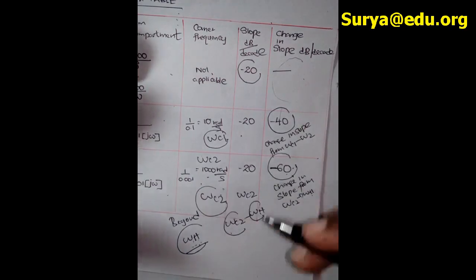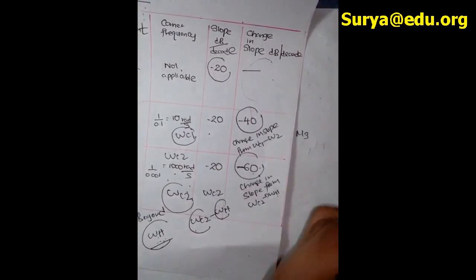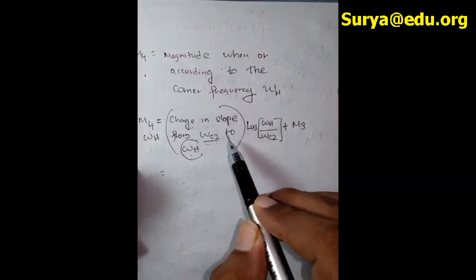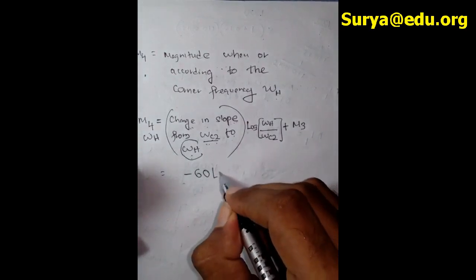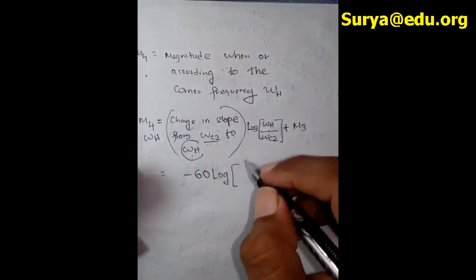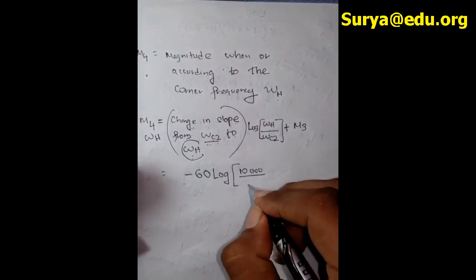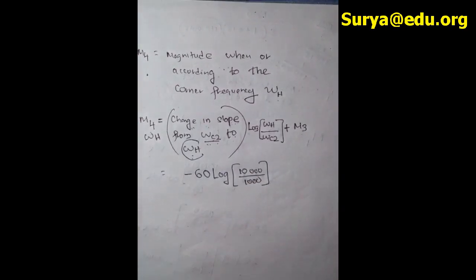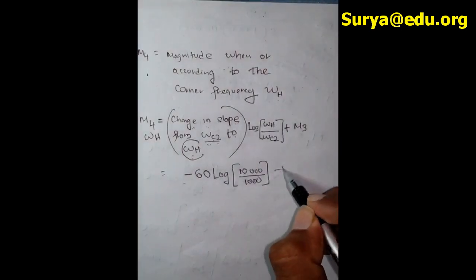I think I took a lot of time to explain the concept, rather than just memorizing. So now you know the change in slope from the previous one to the next one is minus 60. So change in slope from omega c2 to omega h is minus 60, times logarithmic of the current one, 10,000, over the previous one, 1,000, plus the previous magnitude that you calculated, which is minus 40.